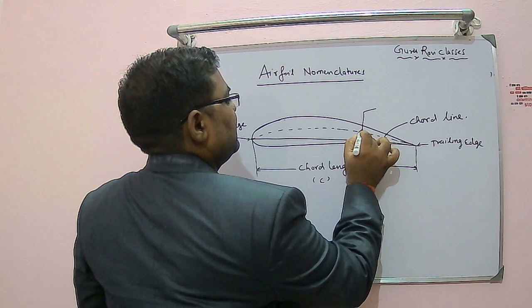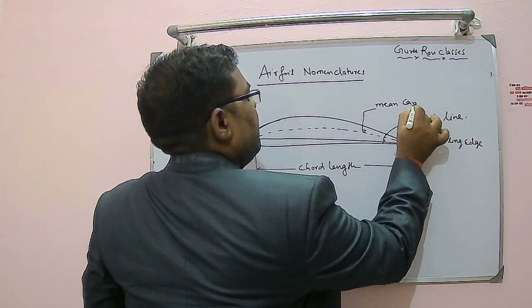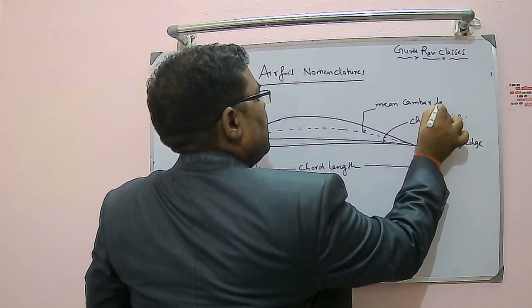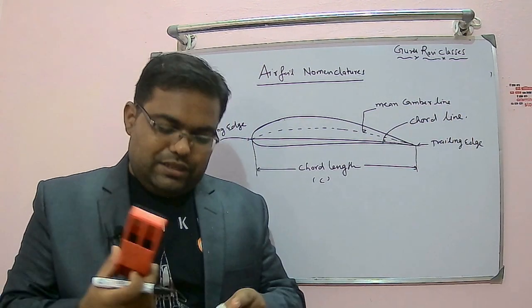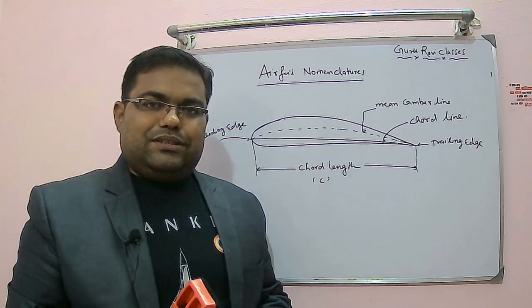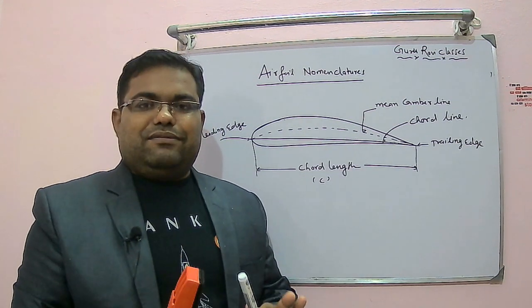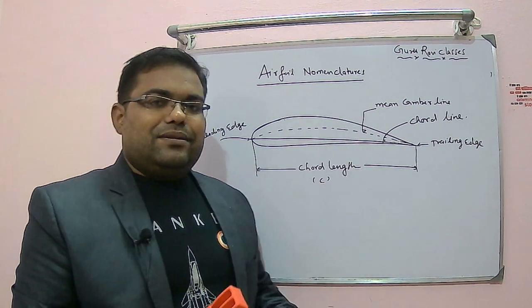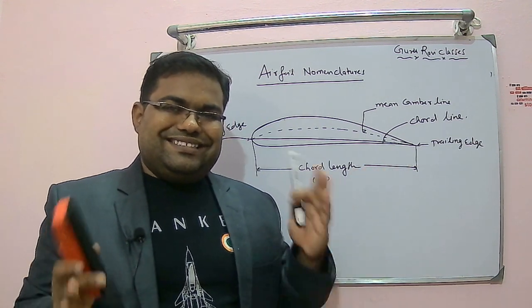This is known as the mean camber line. So the mean camber line is the locus of all the points midway between the top and bottom surface when measured perpendicular to the mean camber line itself. So if you measure the distance of the top and bottom surface perpendicular to the mean camber line, you will find it exactly at midway.